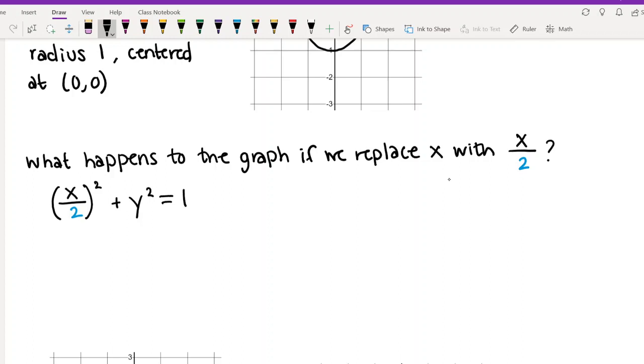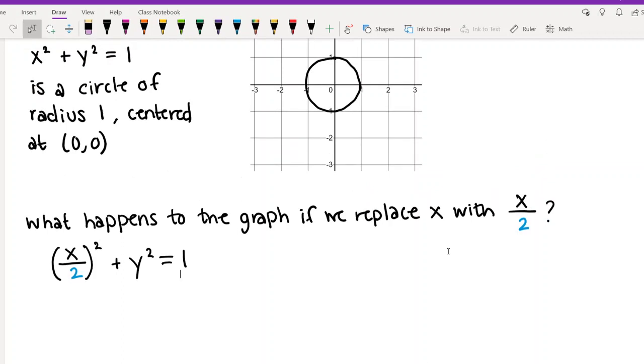So I'd encourage you to pause the video for a second and think about transformations. If you're doing a transformation where instead of x, you're doing x over 2, what is that going to do to the graph? It's going to stretch it by 2 horizontally, right? Because when you divide, think about graphing trig functions.